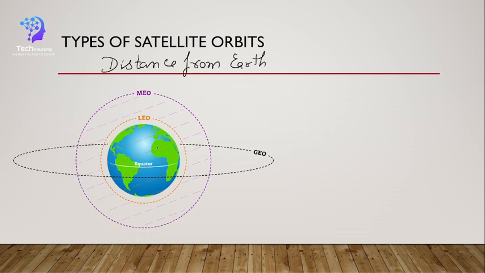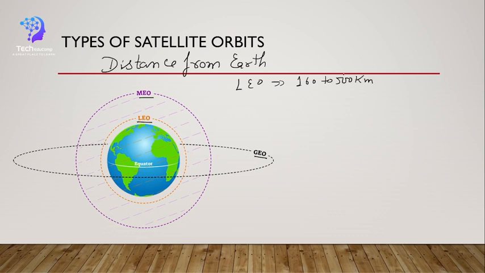So depending upon which type of mission the satellite has to serve, the satellites are placed in orbits at varying distances. They are classified as LEO, MEO, and GEO. The satellites in the LEO orbit are at a height of 160 to 500 kilometer.